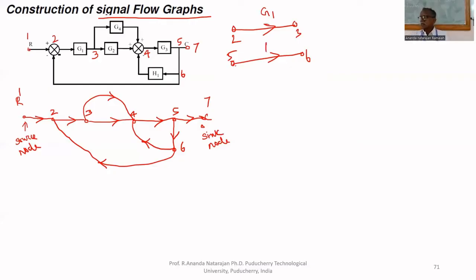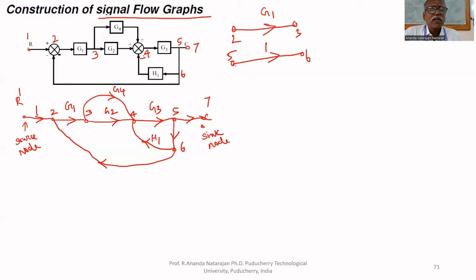So these and all we have to mark. 1 to 2, no gain, no transfer function, 1. 2 to 3, G1 is there. 3 to 4, G2 is there. 3 to 4, another one is there, that is G4. 4 to 5, G3. 6 to 4, H1.